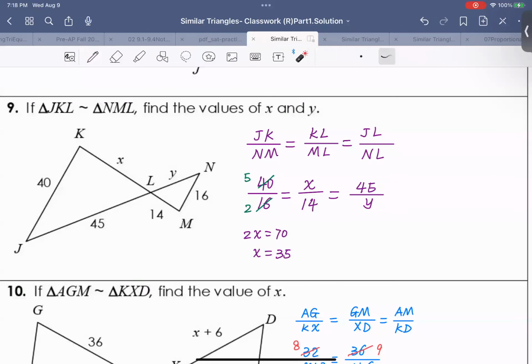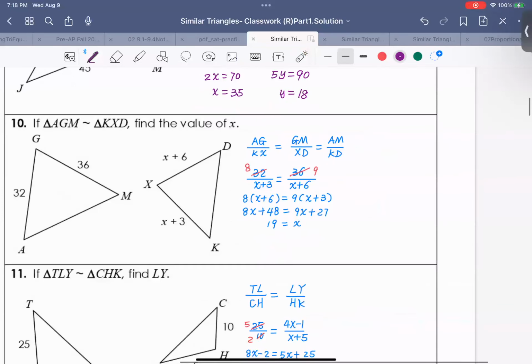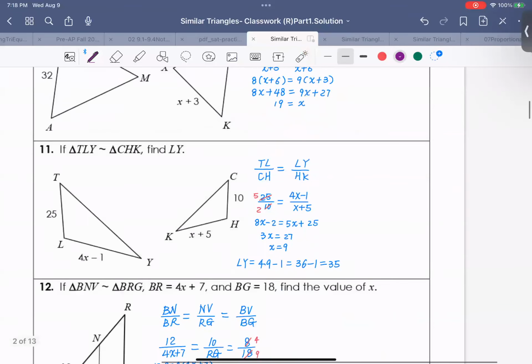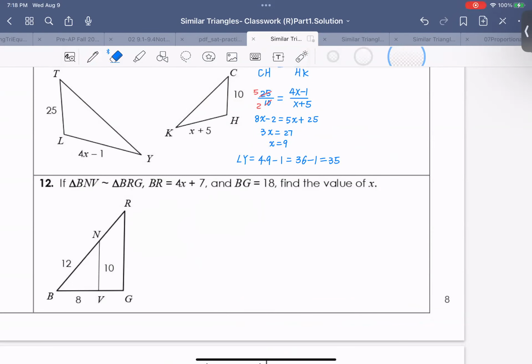And then you can do the other one here. 5y equals 90. And so y will be 18. Good. That's pretty good. Next one here. You may say, oh, this part looks so easy. Annie, let's do number 12, please.